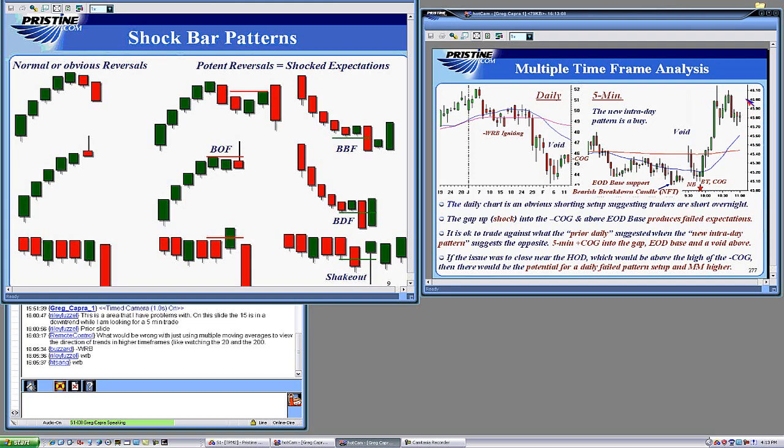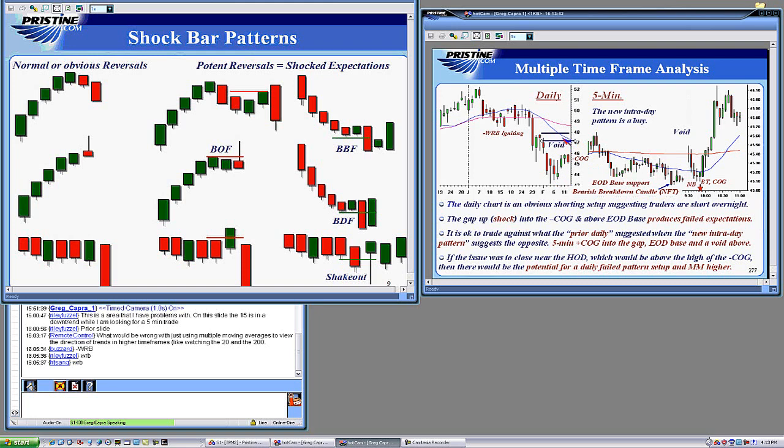Based on where this was earlier in the morning, if it had closed up there, around $46, you can see on the daily that we'd have a failed red bar and a green bar here, which we could put on an interest list for the next day, which might result in a continuation of that move higher up into this area, where I would say sellers would probably show up, somewhere right around here.